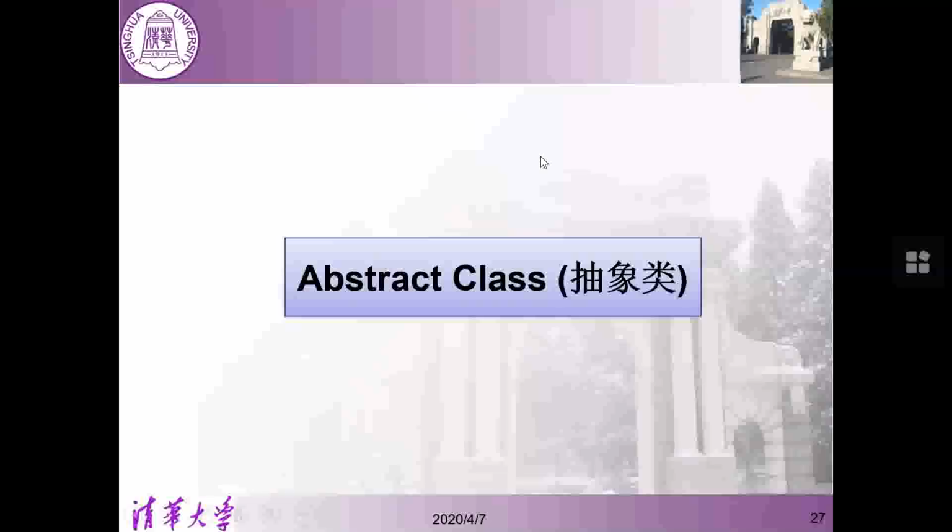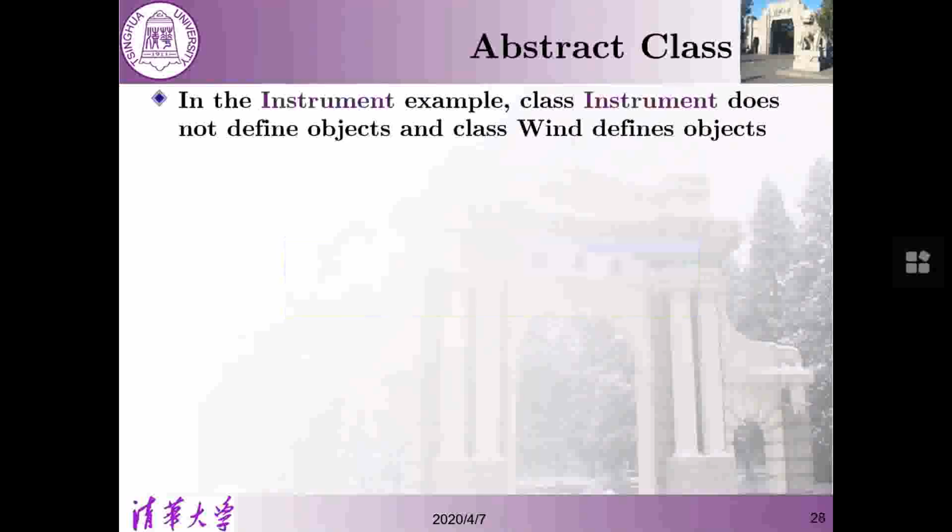Okay. From next class, we learn about abstract class. We learned classes and inheritance, and then composition, and then polymorphism. Right? We have learned polymorphism. Now abstract class. So in the instrument example, class instrument does not define objects.